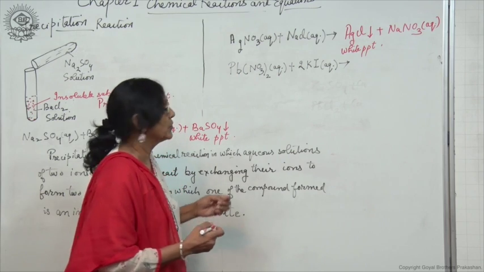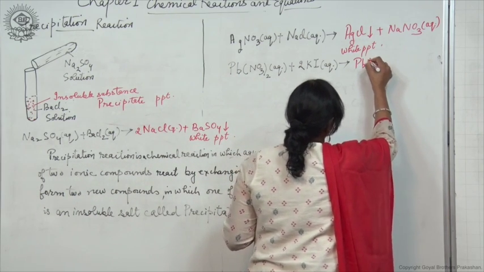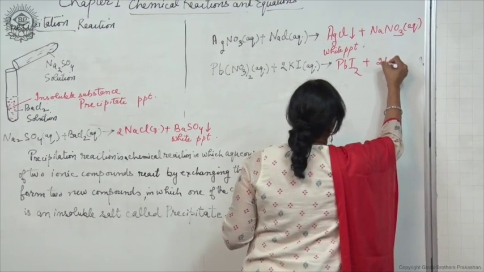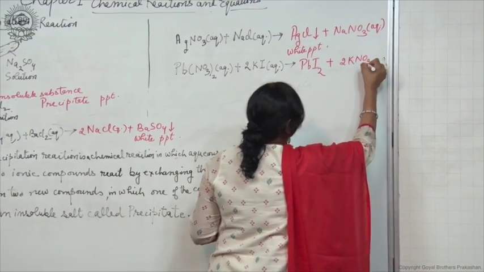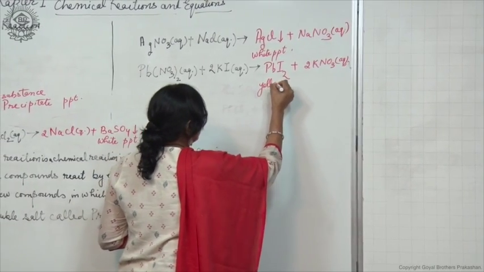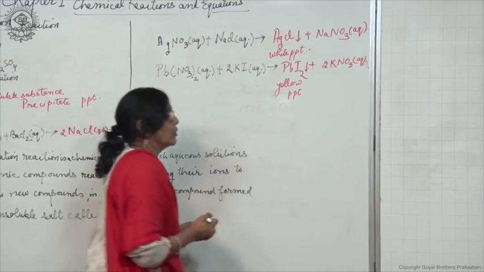Let us see what happens. Here a yellow precipitate of lead iodide is formed. So this is a yellow precipitate which has been formed.